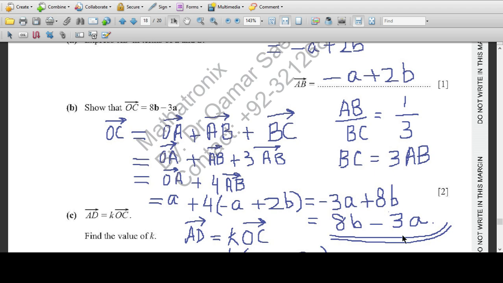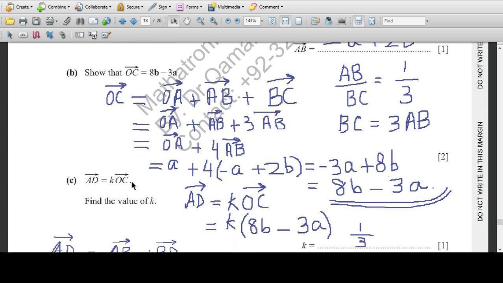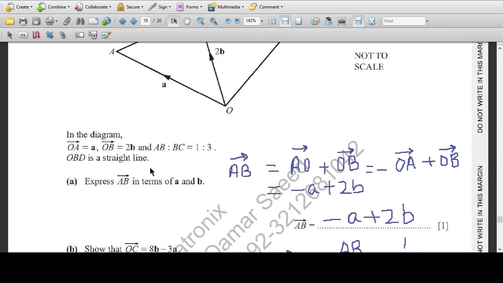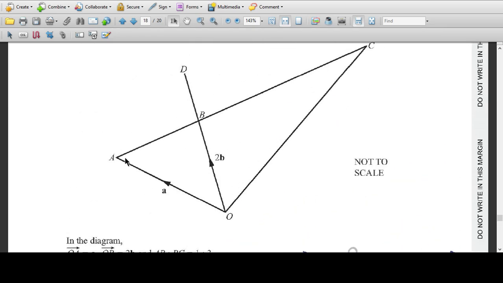In part C, AD is equal to k OC. Find the value of k. So AD is equal to k OC. This OC has been obtained as 8b minus 3a. So k times 8b minus 3a, and AD is basically AB and BD. They are in the same direction, so we will write this as m times 2b.